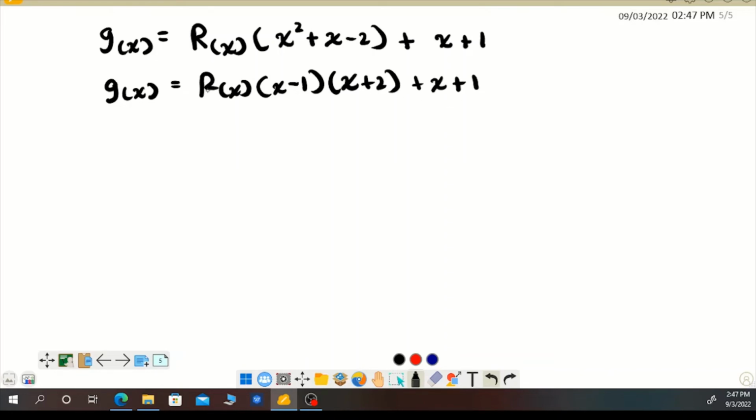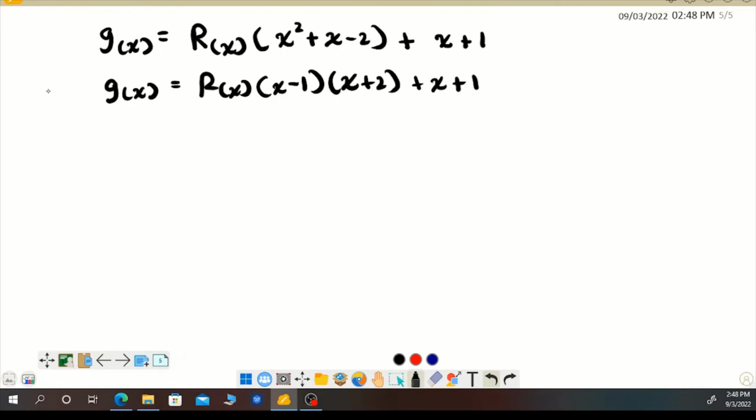Now I can remove this R(x) function by substituting two x values, which gives two equations. We have three unknown terms, a, b and c, so we need three equations to solve them. By substituting x equals 1 and x equals minus 2, I get two more equations. The first equation I obtained earlier.